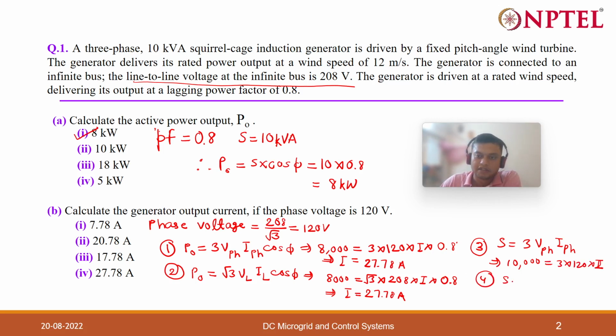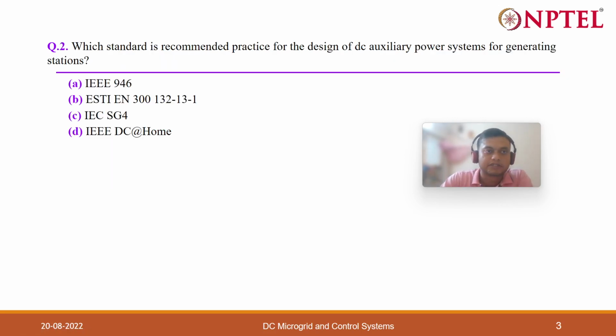Otherwise, if you write this apparent power in terms of line voltage, then you will get the same value. So the correct answer for this question is 27.78 ampere. Now let us see the next question.